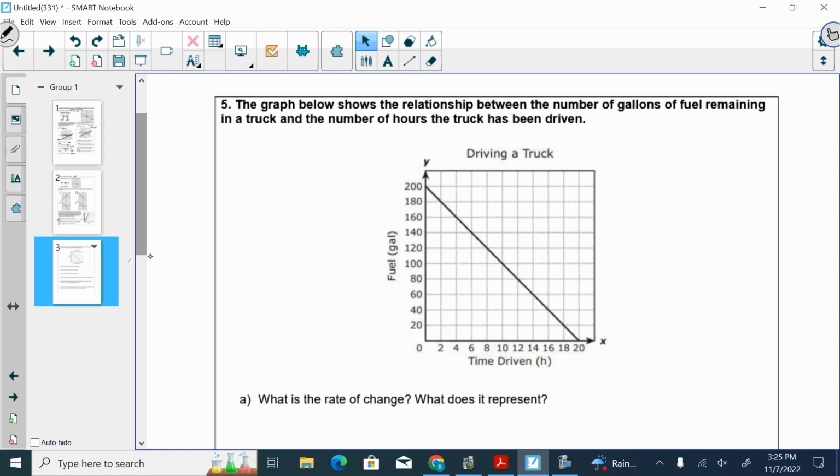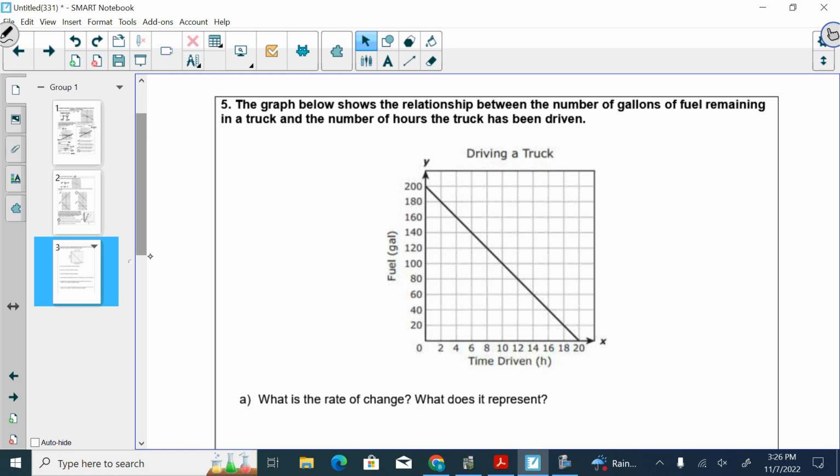Okay, so time driven, our hours, is down here. The fuel in gallons is our Y. Okay, so it says, what is the rate of change? So rate of change means the same thing as my slope, or my M, right? Okay, and to figure out our slope, remember we just count how we get from one to the next, right?